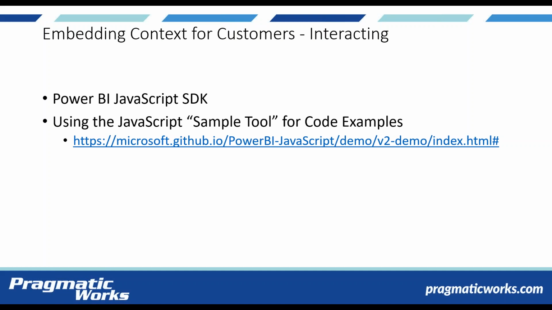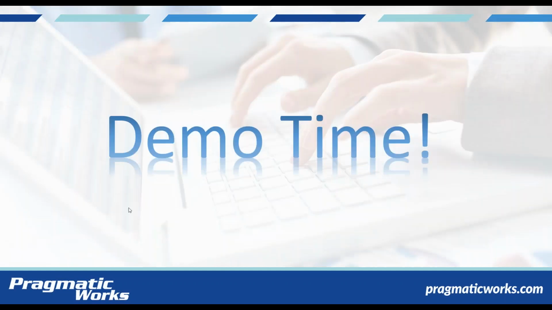There's a really cool tool that's put out by the Power BI embedded team that gives you all kinds of code examples and lets you run them, try different things, and apply those easily to your embedded instance in your application. And I'll have this on another sheet as well with some other references. We'll go back to our demo.